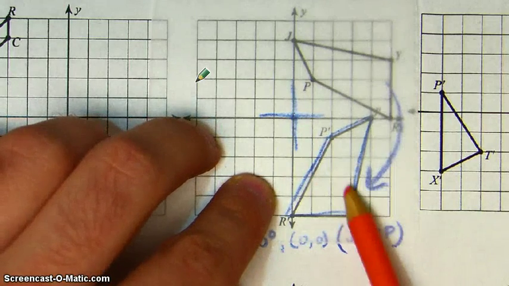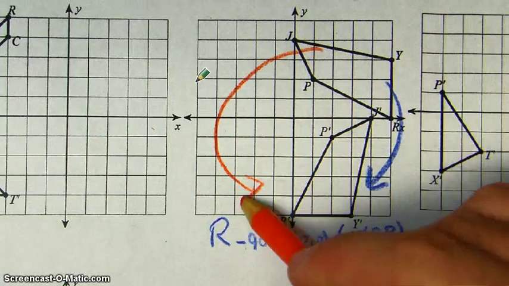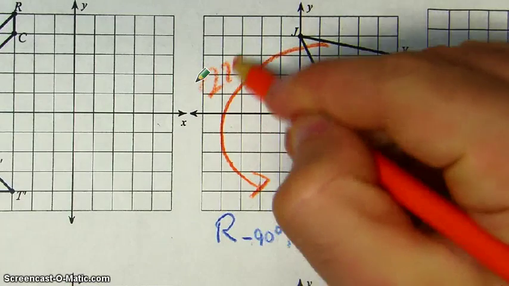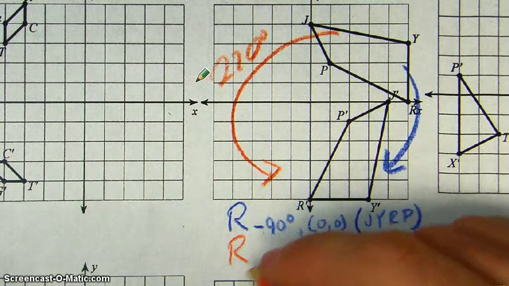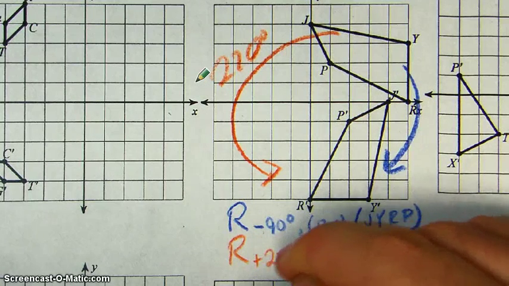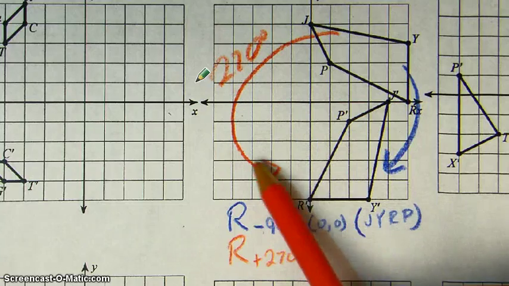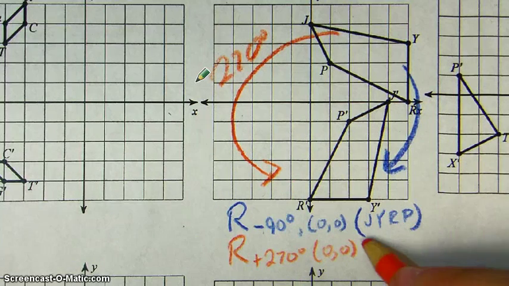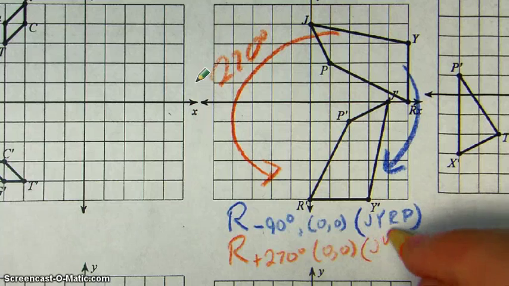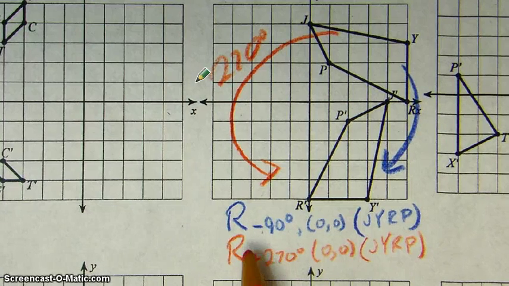I still get to my image, but this time I rotated counterclockwise, 270 degrees. That's okay. Another way to write this is a rotation of positive 270 degrees, because when I'm rotating counterclockwise, we consider that to be the positive direction. Again, around 0, 0, and of the same points, J, Y, R, P. So either one is acceptable, and in fact, it might help you to write both of them out.